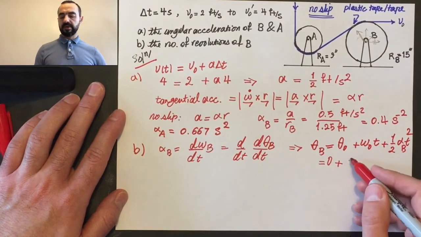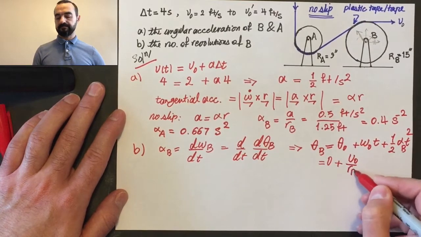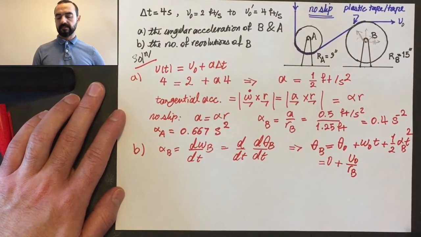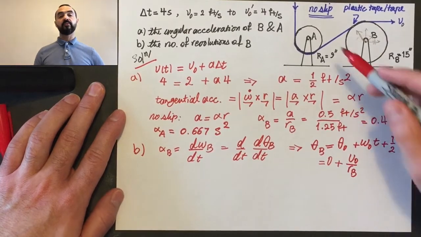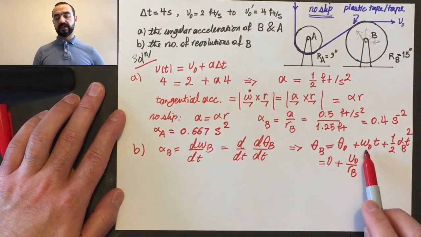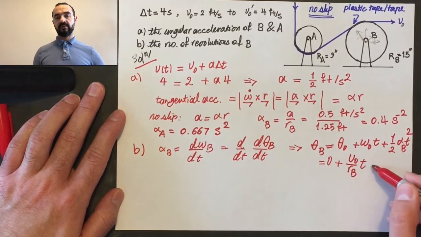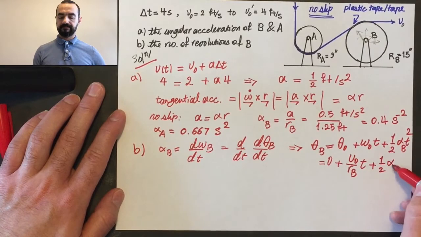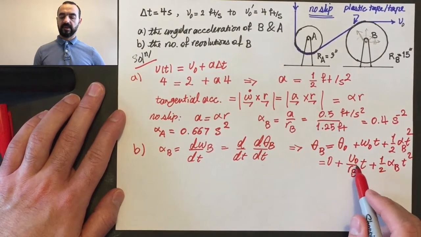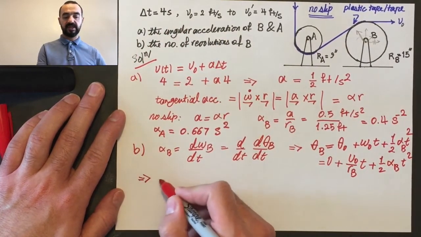So what I'm going to do is replace omega with v over r. And if we were looking for the number of revolutions for A, we would replace theta B with theta A, and then omega 0 would be v0 over RA. Right? And this is all we're looking for, because we know v0, which was 2 feet per second.